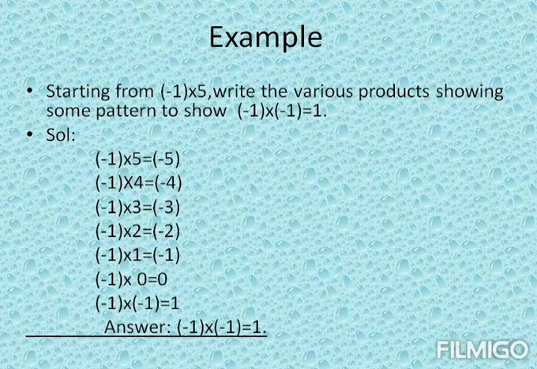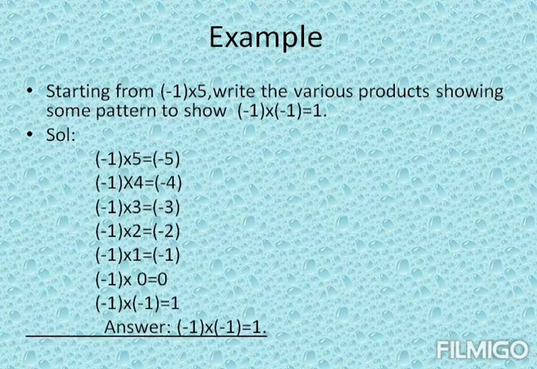Minus 1 into 5 is equal to minus 5. Again minus 1 into 4. After reducing 1 from 5, we get 4. Minus 1 into 4 is equal to minus 4. Here also we are reducing minus 1 from minus 5. Both sides we are reducing. Now if you reduce minus 1 from plus 4, you get plus 3.